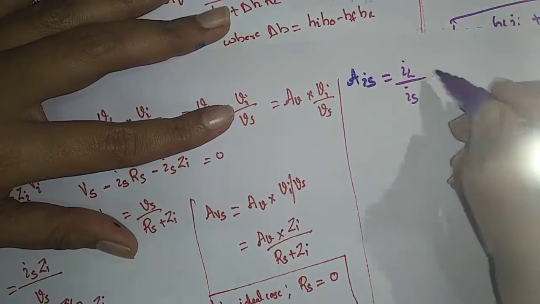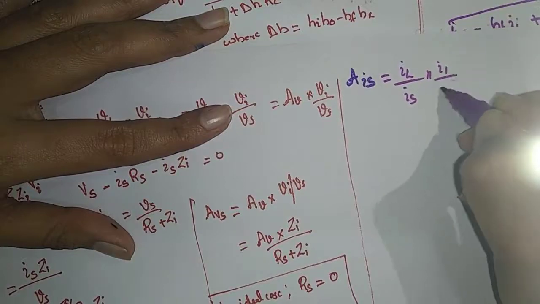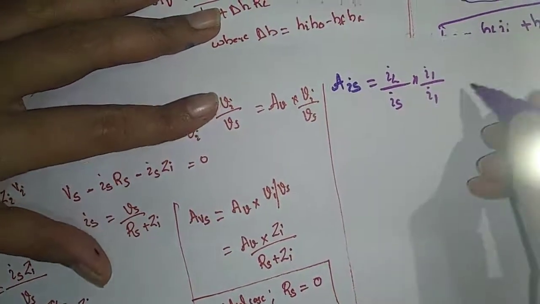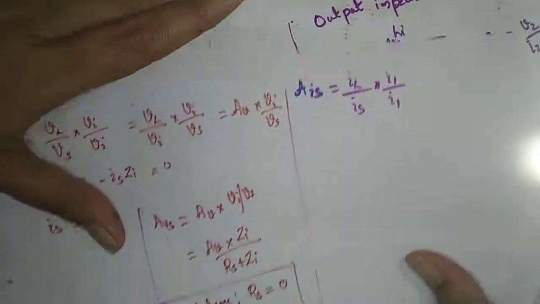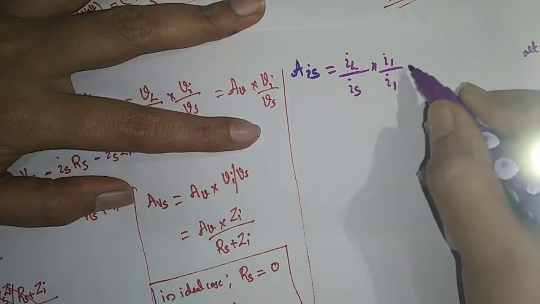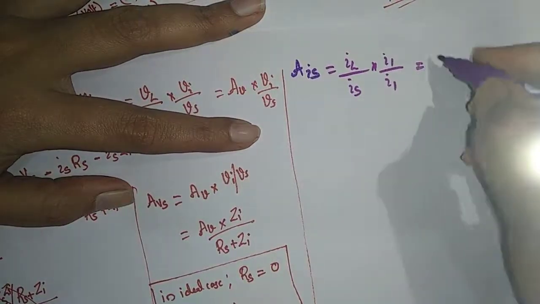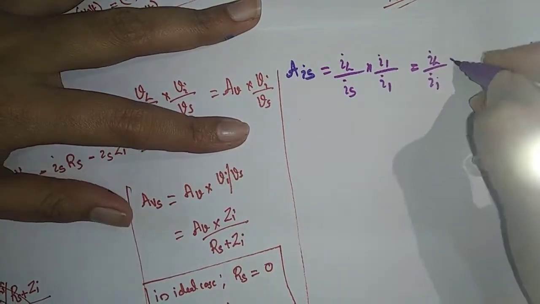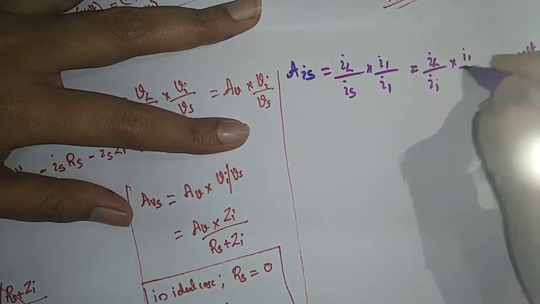So like before, I am multiplying and dividing it with the input current. I can rearrange my equation as IL by IS into Ii by Ii, which can be rearranged as IL by Ii into Ii by IS.